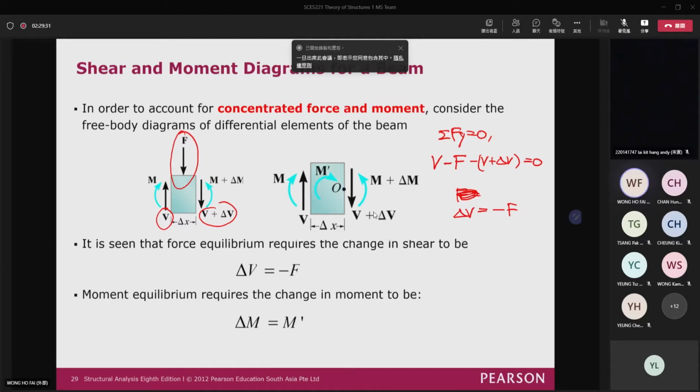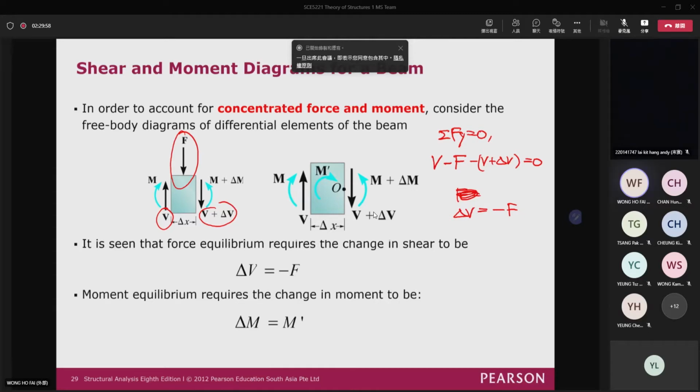If you have a force pointing downward like 10 kN at a concentrated load, your shear force will drop by 10 kN. If you have a concentrated load pointing upward, then at that particular location, your shear force will increase by 10 kN, okay? This is how we draw the shear force diagram if there is a concentrated load.